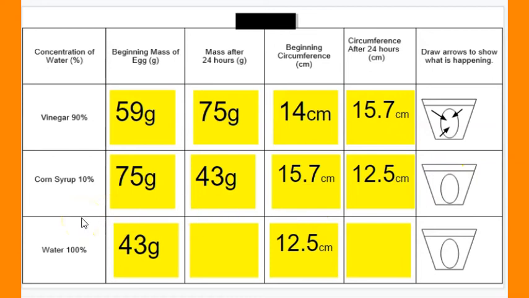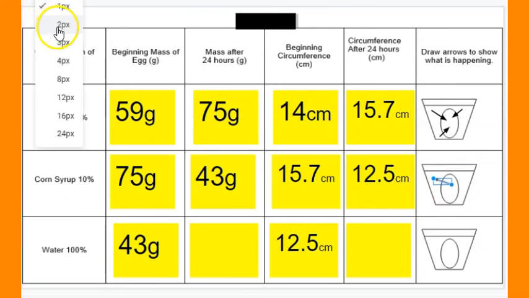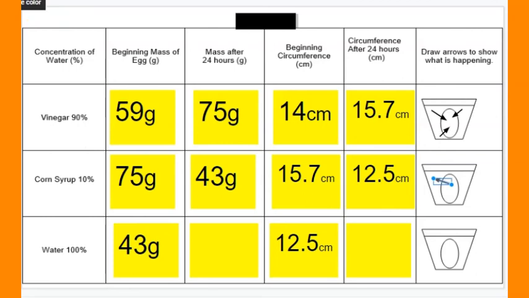So how should we be putting our arrows? It's the opposite, isn't it? That water went back out of the egg. We saw that. All the water that was on top of that cup. So now with the arrows outside, I'm going to increase the width of those arrows, and I'm going to make them black so they're a little more bold.